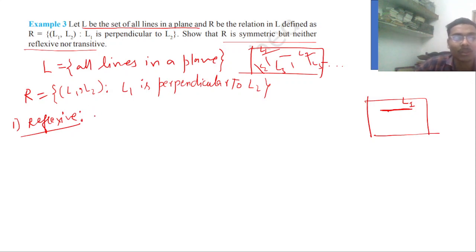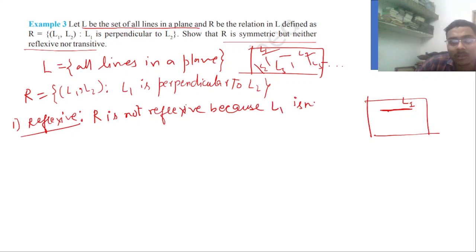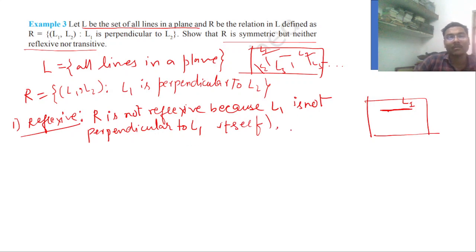So we are going to write here: R is not reflexive because L1 is not perpendicular to L1 itself for any L1 belonging to L.